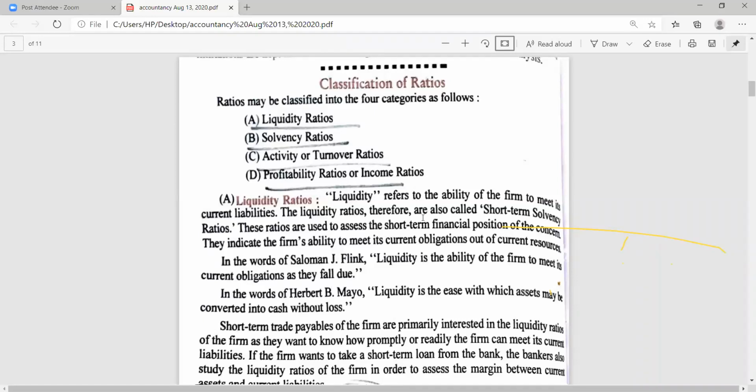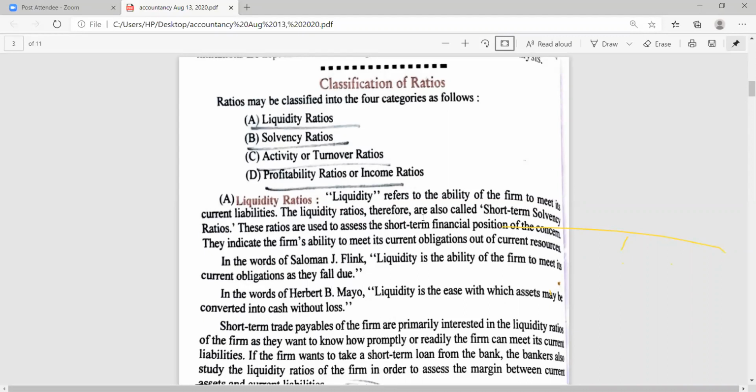The firm which has the ability to meet its current liability, the liabilities to be paid in the short term, that is known as liquidity, and the ratio which assesses the short term financial position of this concern is known as liquidity ratio.